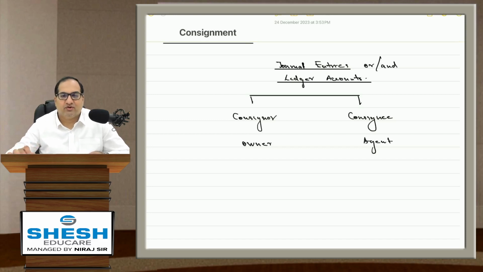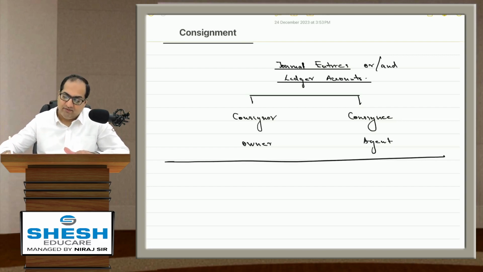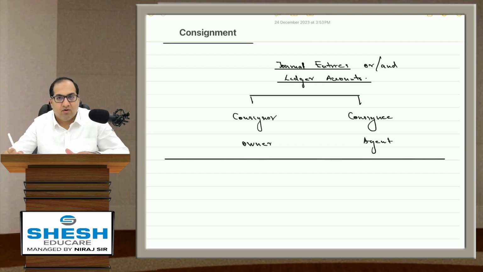So as a student, when you come across a consignment problem, you have to be clear with these things first. What is asked: journal or ledger? Journal in whose books? If ledger posting is to be done, in whose books: both parties or only one party? That should give a lot of clarity to the steps that you will undertake to complete the problem. So this was the first point; in consignment it is most important.